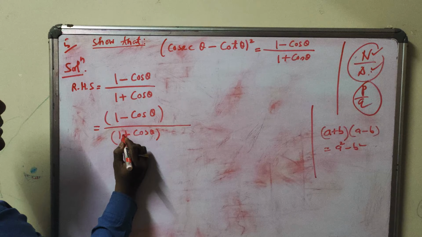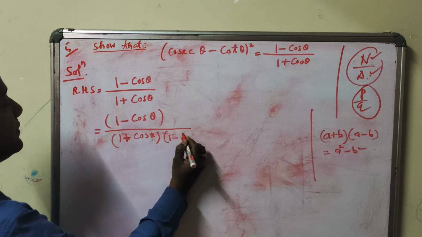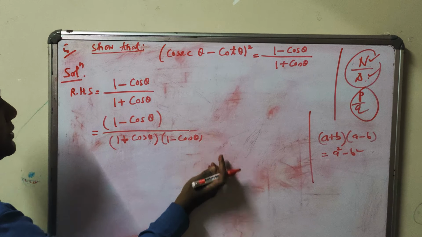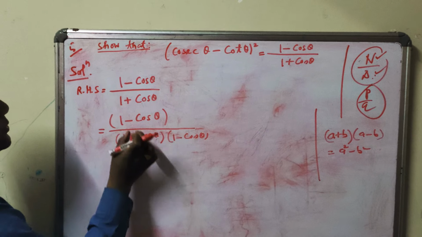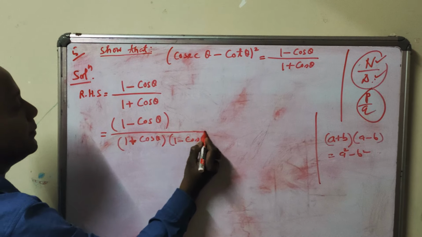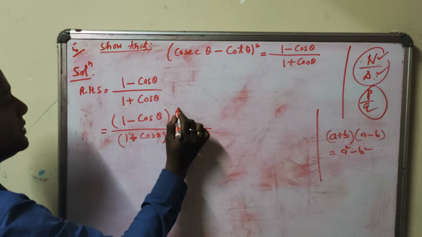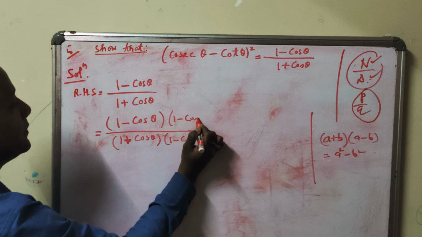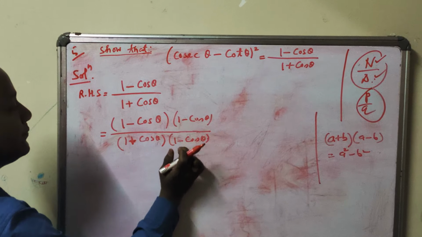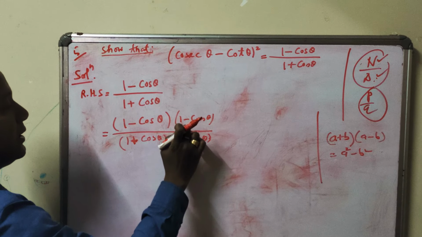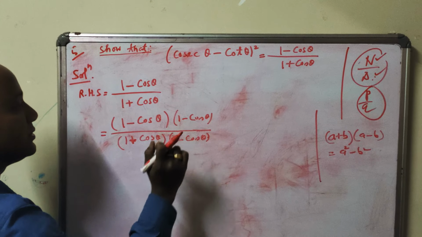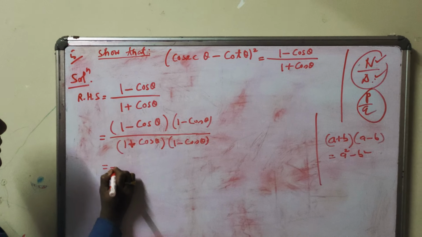In the denominator it is plus, therefore you have to multiply it by minus, so that it becomes a square minus b square. If it is multiplied by minus in the denominator, it must also be multiplied by minus in the numerator. Then it will be the same.